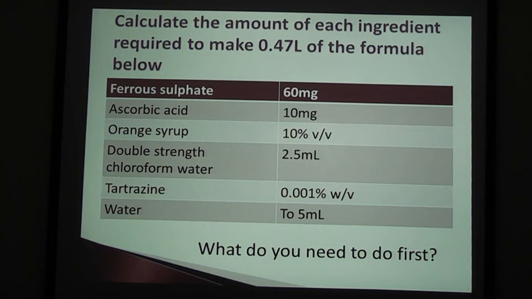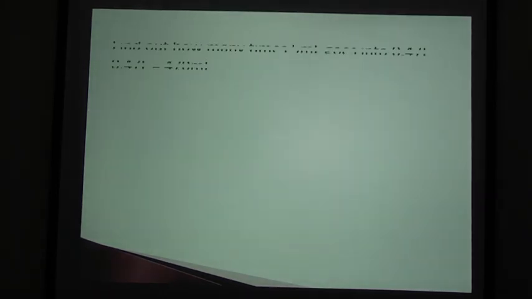I can see that it's saying to me that I can make 5 millilitres. I need to calculate the amount of each and every ingredient to make 0.47 litres. So, how many times does 5 mils go into 0.47 litres?